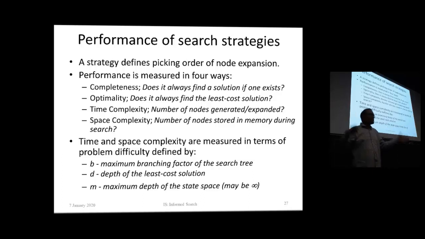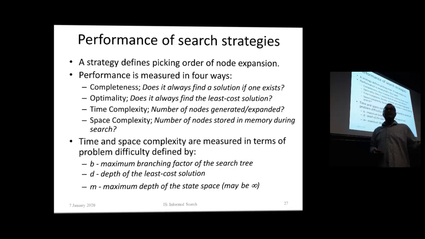Usually you have also an average branching factor, but in order to determine the worst case complexity of this algorithm, we take the maximum. You also take the depth of the least cost solution, and then you also have the maximum depth of a search space. There might be examples, particularly if you're not careful with duplications in your algorithm, that you might end up in circles, for example, and then your algorithm will just run forever.